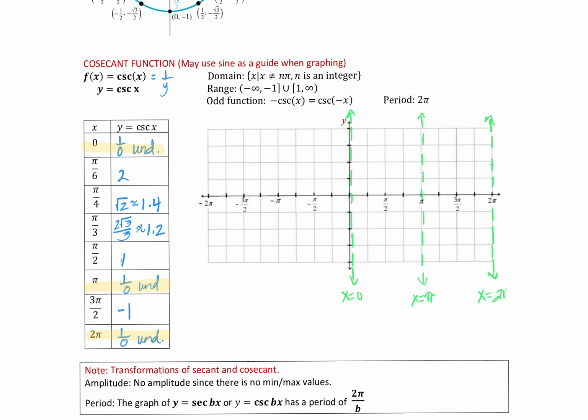Now, if I were to go in the other direction, notice that if it's going to be undefined at 0, pi, and 2 pi, it's also going to be undefined at negative pi and at negative 2 pi.